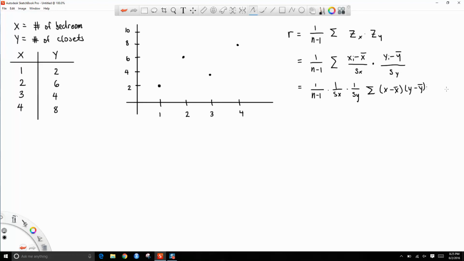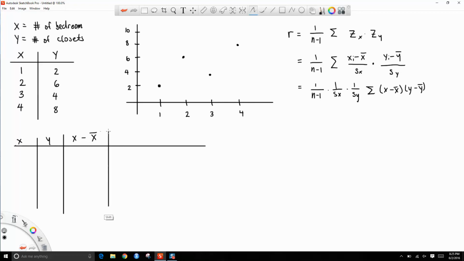All right, so we will use this and try to get the correlation between x and y. I've got x here, I've got y here, and then I'm going to do x minus x bar, and then y minus y bar, and then I'll do the product.